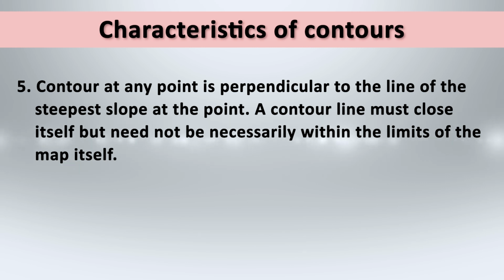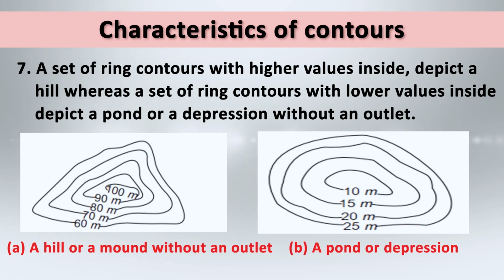A contour line must close itself but need not necessarily be within the limit of a map itself. The seventh characteristic is that a set of ring contours with higher values inside depicts a hill, whereas a set of ring contours with lower values inside depicts a pond or a depression without an outlet.